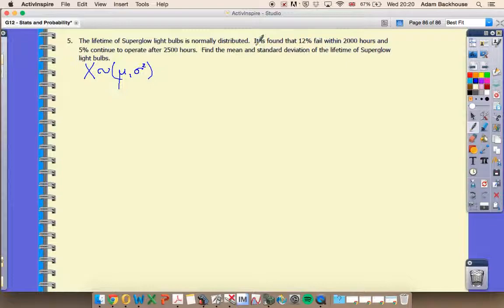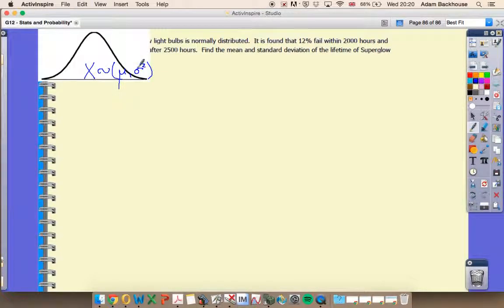If we read the rest of the question, it's found that 12% fail within 2,000 hours, 5% continue to operate after 2,500 hours. I've been given two sets of information here, which is going to help me find out my two unknowns. I'm imagining I'm going to end up with some simultaneous equations to solve.